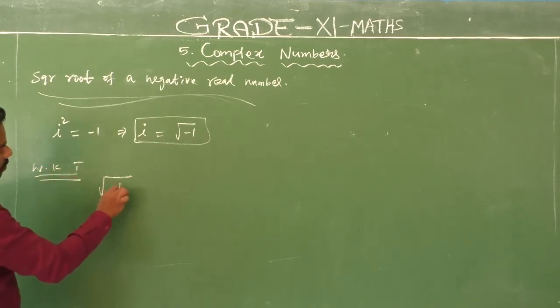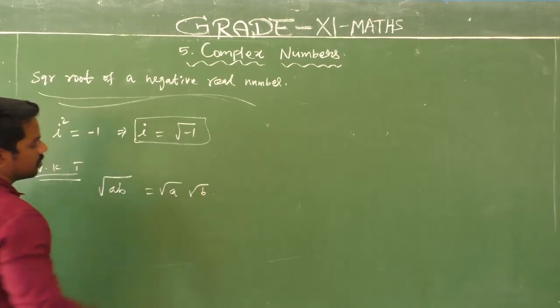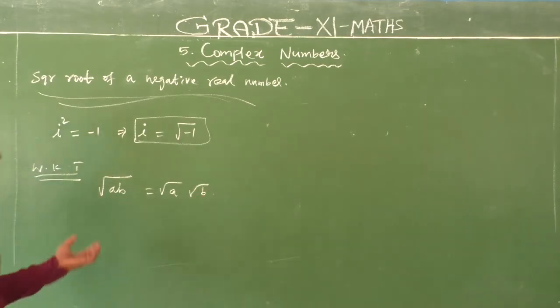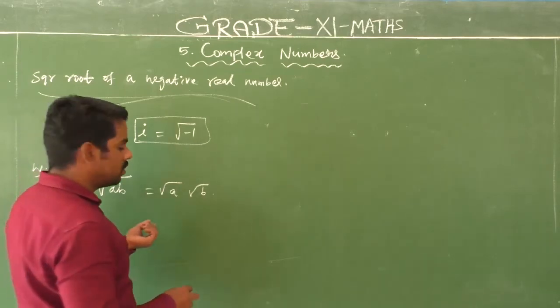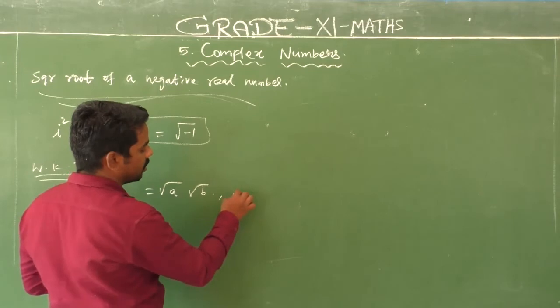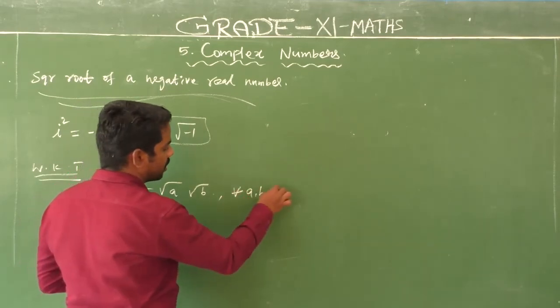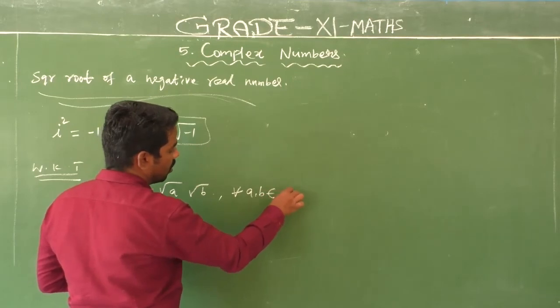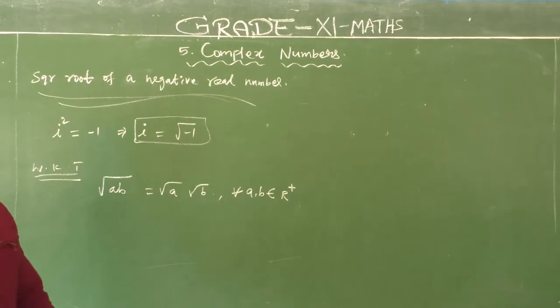We know that root of AB is equal to root A into root B. Here A and B belong to R plus, that is, positive real numbers.